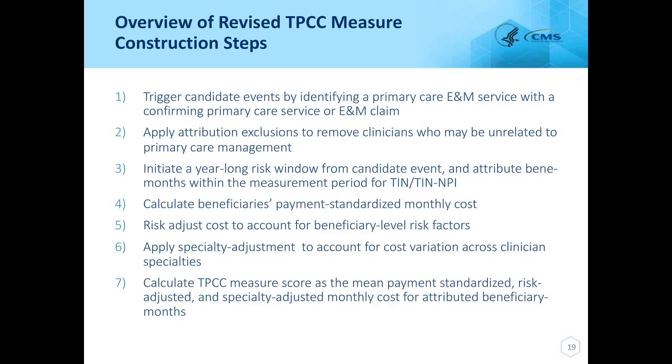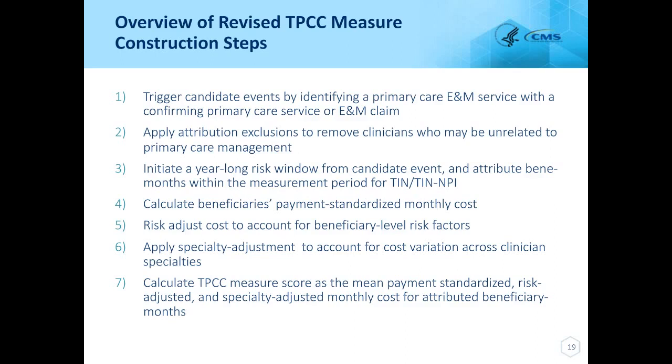The fourth step is to calculate payment standardized monthly cost. By payment standardized, what we mean here is cost that is standardized to remove geographic variation and other policy-induced variation in Medicare payment rates. The fifth step is to risk adjust to account for beneficiary level risk factors, as we talked about briefly. The sixth step is to apply a specialty adjustment.